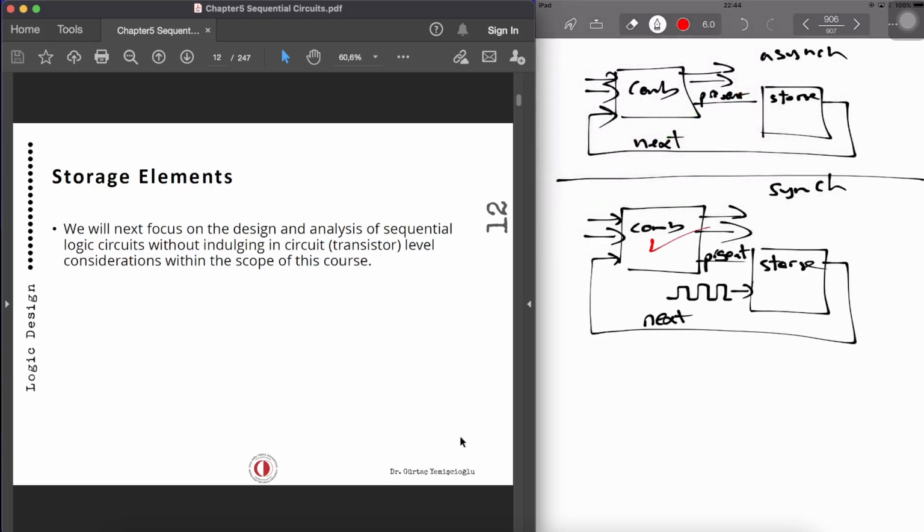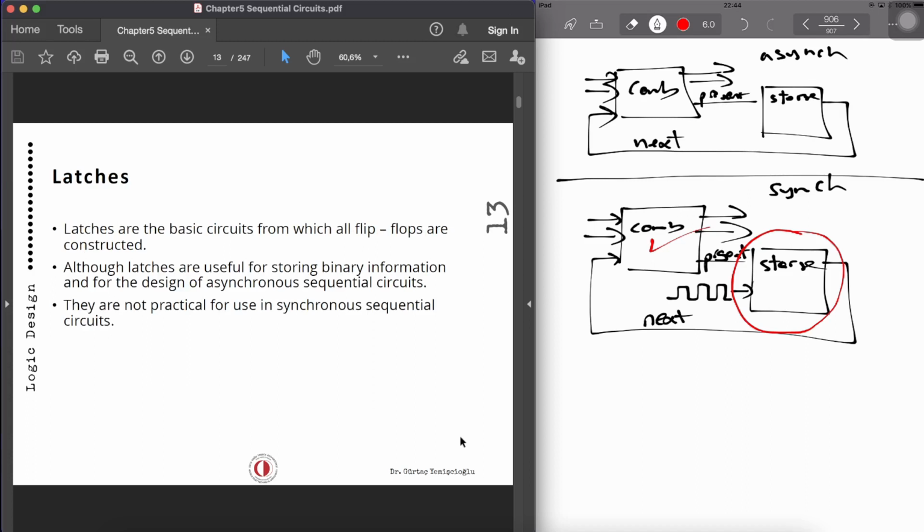We'll need to understand the storage elements, starting with the asynchronous version and how these are modified through time so that we can avoid some problems with the asynchronous. Then we'll introduce the clock, which gives synchronous memory elements, and then we'll start analyzing and designing synchronous sequential circuits.